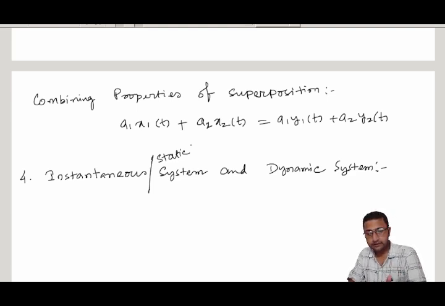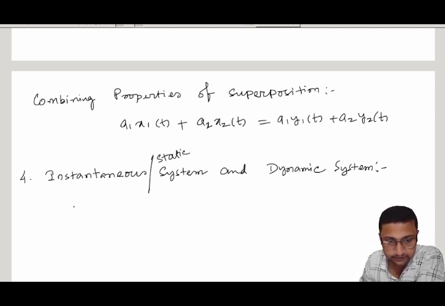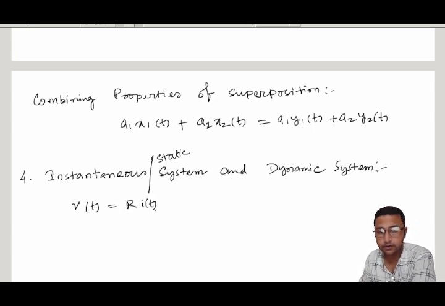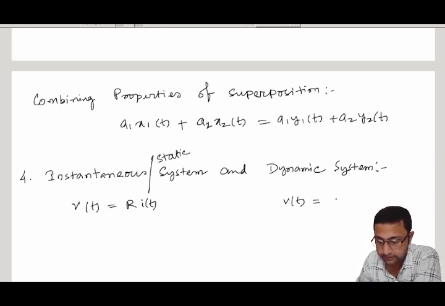But an electrical system containing a capacitor also has a voltage-current relationship, where V(t) is equal to 1 by C integration of i(t) dt from 0 to t.